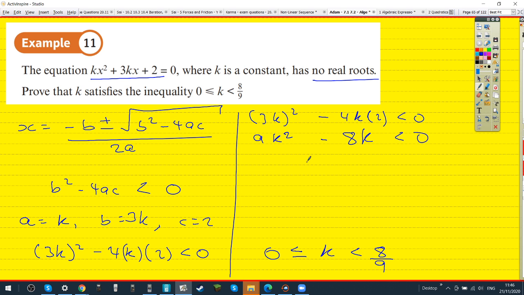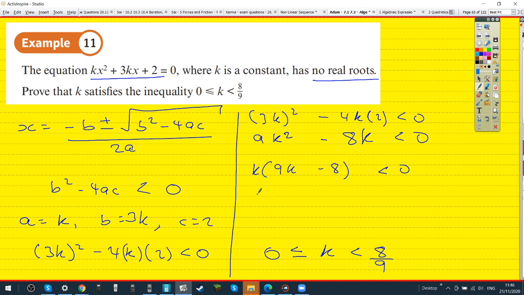How do we prove it? Factorize out k. What do you get? You just get 9k minus 8. So k(9k minus 8) is less than 0.